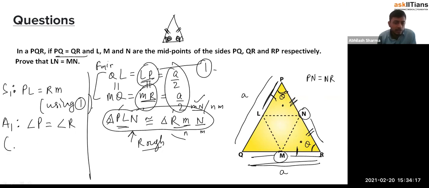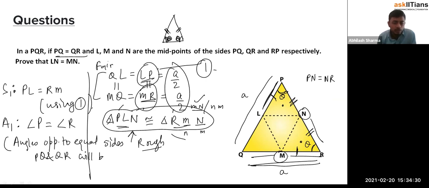And the reason we will write: angles opposite to equal sides PQ and QR will be equal to each other. Okay, this is the logic.